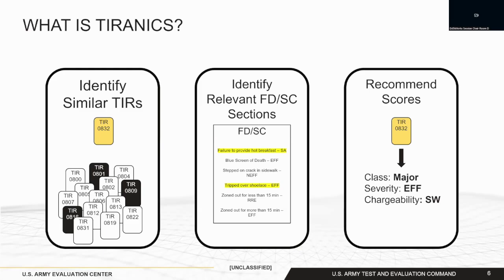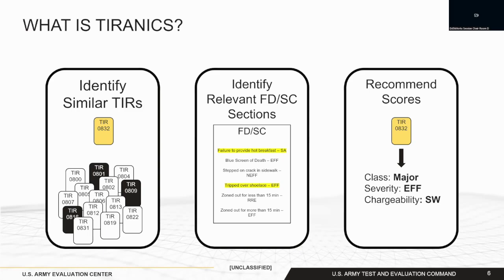Thank you. Okay. The third aspect of Tyrannics that we're working toward is having a score recommender. So to take the contents of the TIR and based on previous TIRs, recommend what most likely the score for this particular TIR should be.